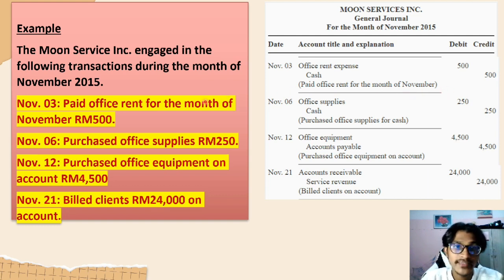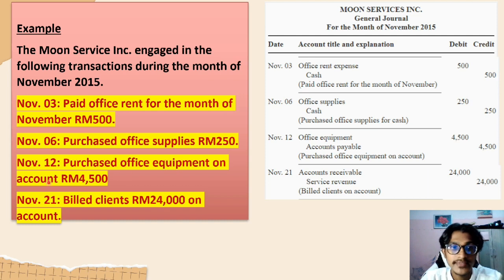It is the same for the rest. Next is purchase office supplies, RM 250,000. The maker has to decide which accounts will be involved, which are office supplies and cash, with debit and credit, and the date, which is November 6th. And don't forget the narration, which is purchase office supplies for cash.